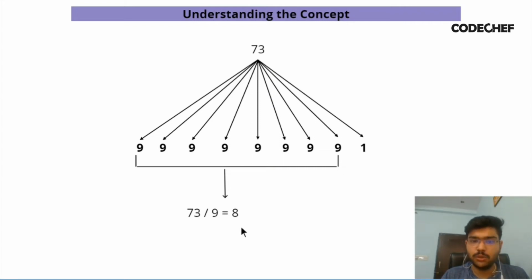And if the number still remains, that means the remainder is not 0. If the number still remains, then I can quickly add one more digit to it. So the total number of digits will be 9, and if it is a complete division, then I need not add 1. So this is the main concept of the problem.